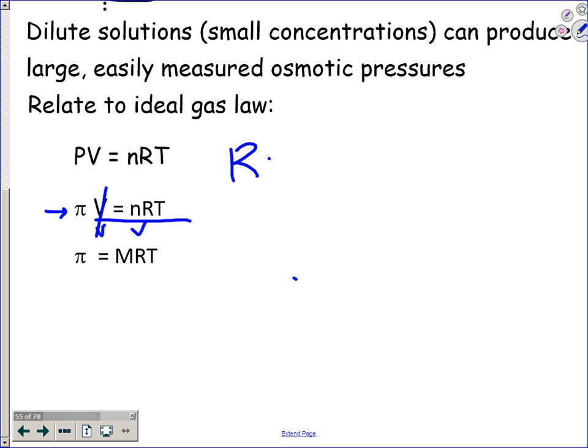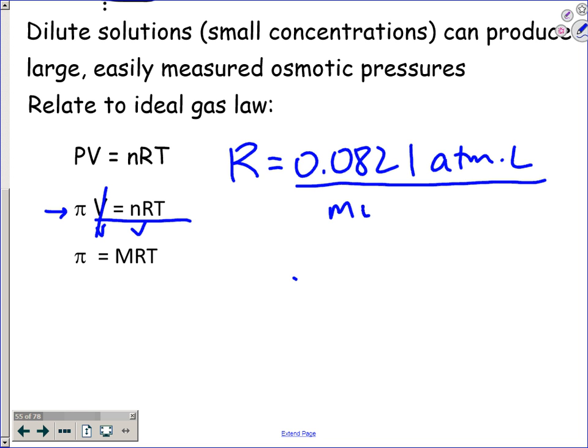What is the R constant here if we're going to be using our favorite version of R? 0.0821 atmosphere liters per mole K. That means that this osmotic pressure must be in what unit? Atmospheres, if we're using that R constant. There are like 3 other R constants regarding this.